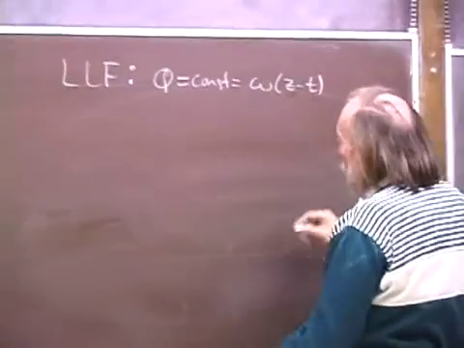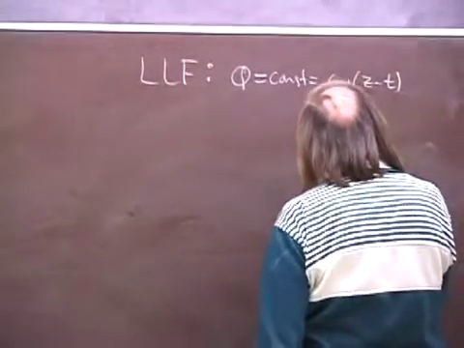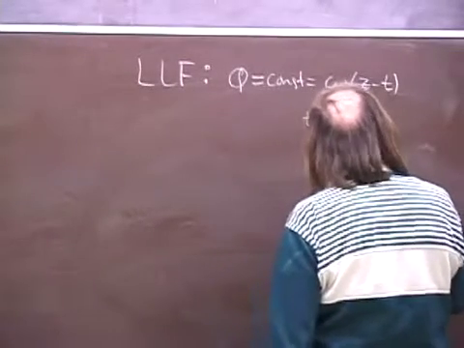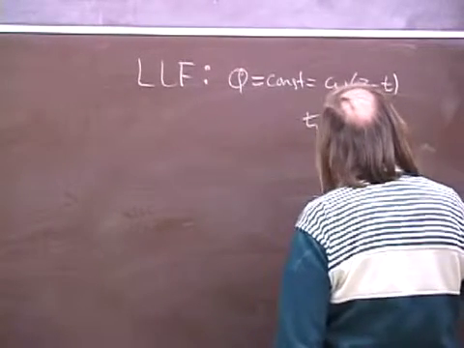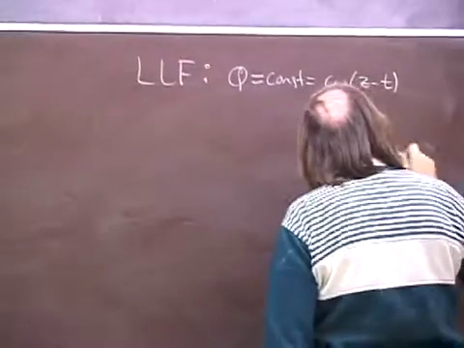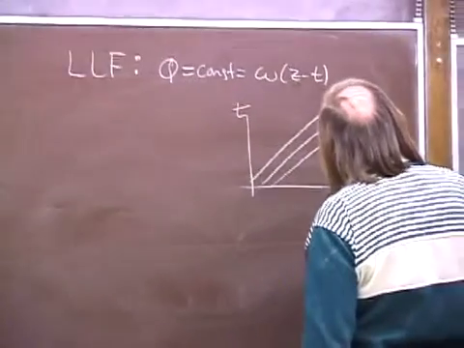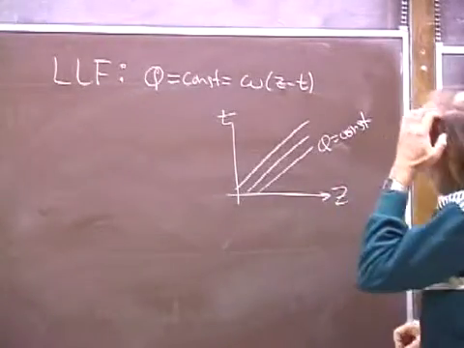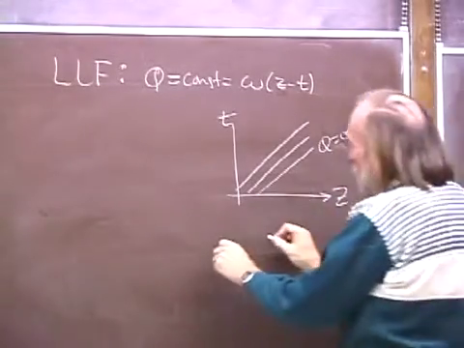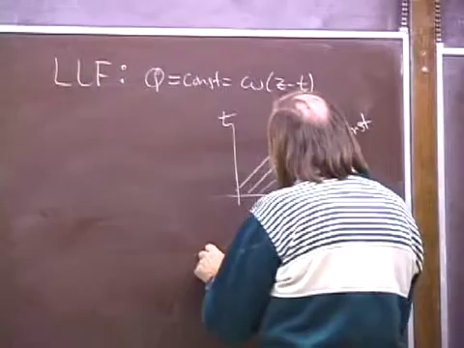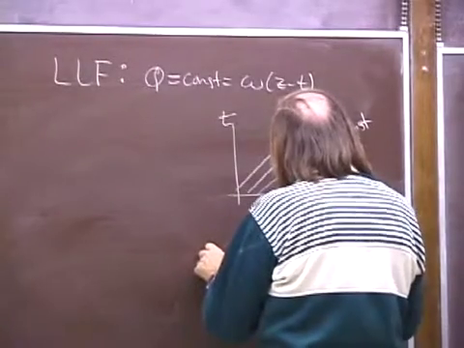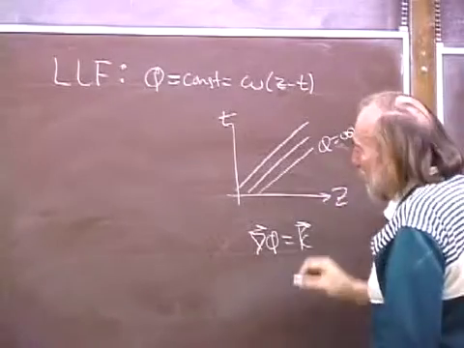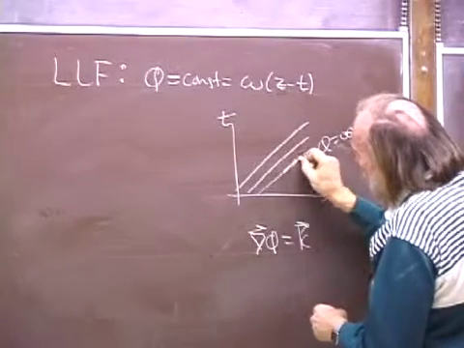And if you draw the surfaces of constant phase, say in the z-t plane, the surface of constant phase looks like that. And the gradient of phi, which is the wave vector, is something that actually lies in the surface of constant phase.